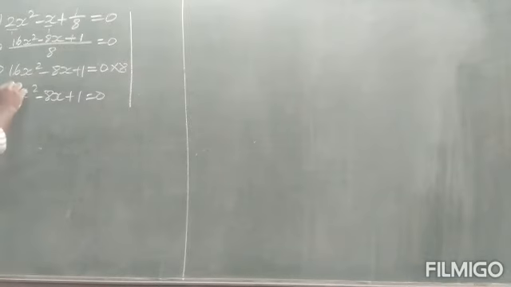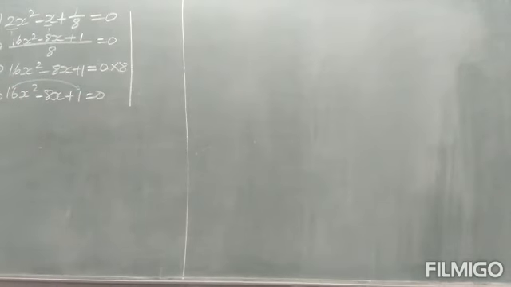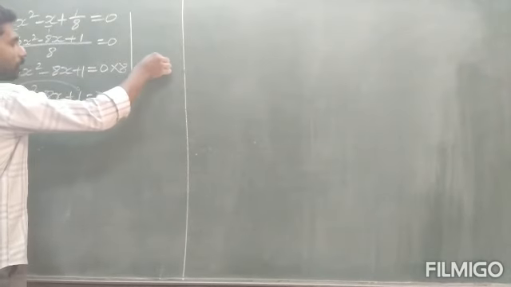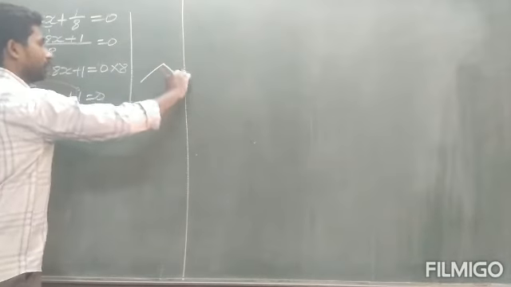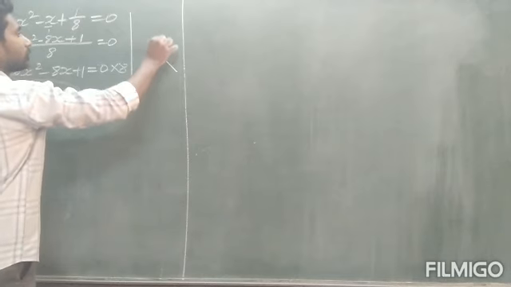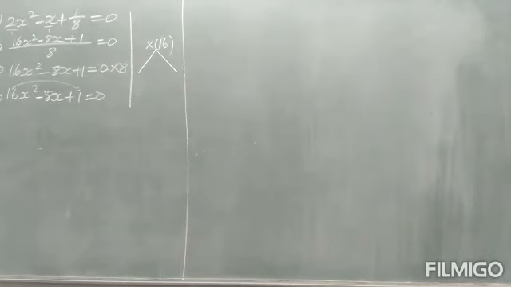So now we have to multiply this x square term with the constant term. So 16 into 1 is 16. Therefore the product of the terms must be 16, because 16 into 1 is 16.